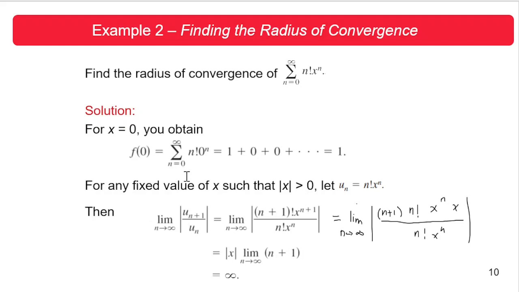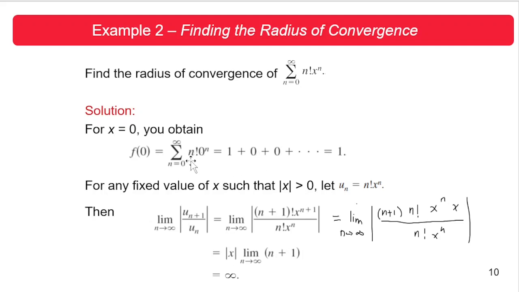If the value of n is 0, then 0 factorial is 1, and 0 raised to 0 is 1. So 1 times 1 is 1 as the first term. But if n is 1, then we have 1 factorial times 0 raised to 1, which is 1 times 0, so 0.